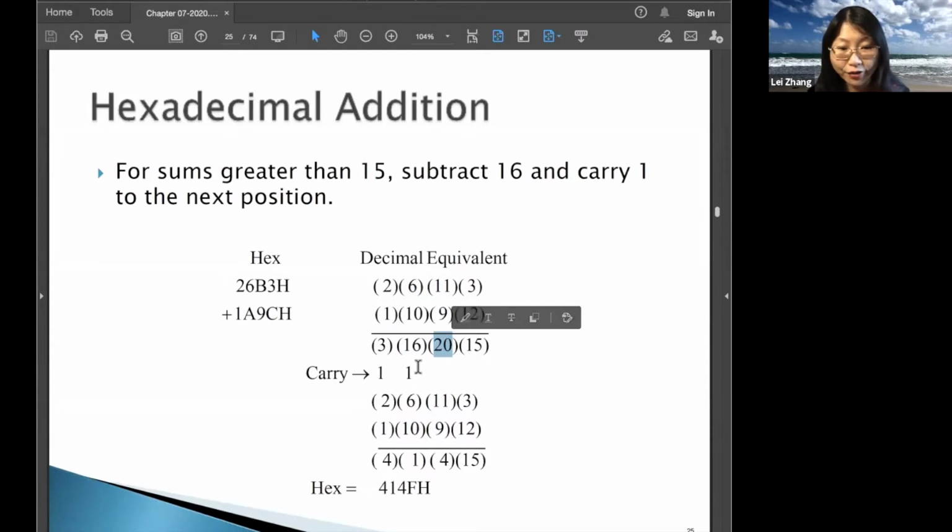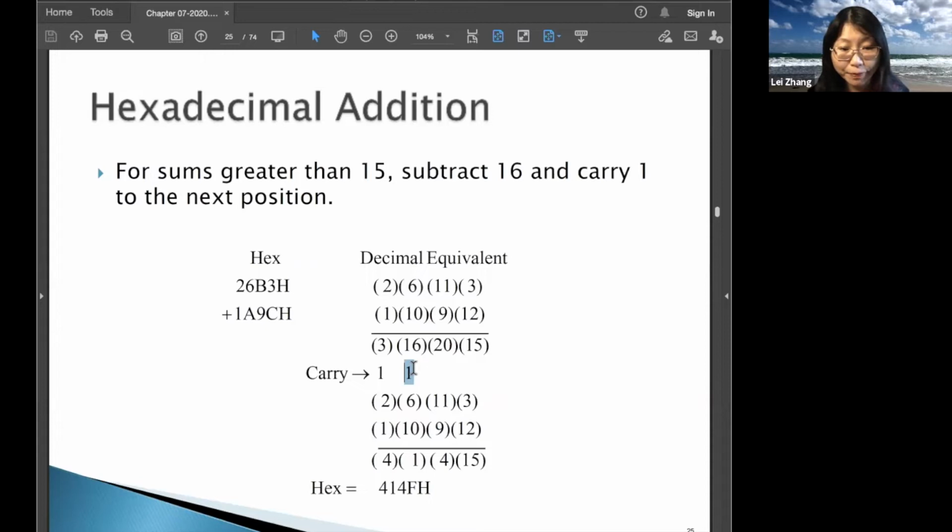When we have a carry bit, it means the value exceeds 15, so the carry bit indicates 16. 20 minus 16 is 4, so this 4 will be generated, and another bit will be carried over.